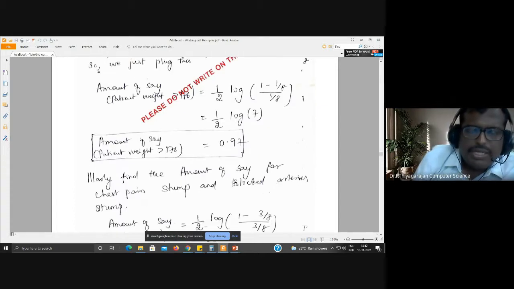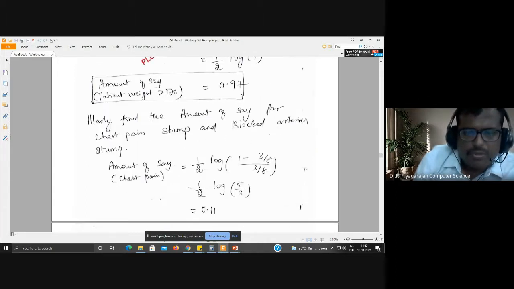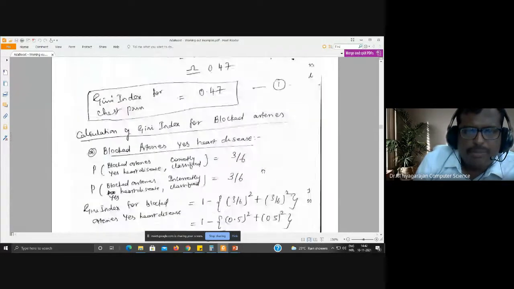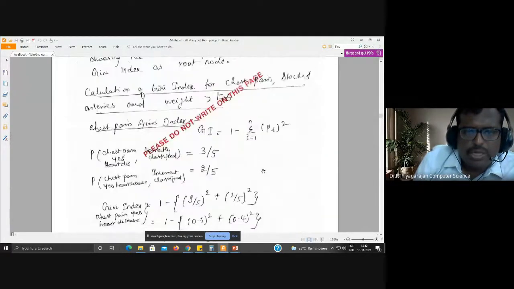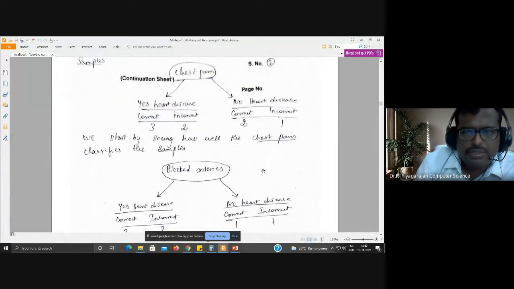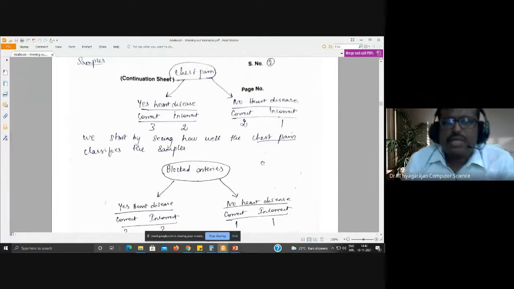Similarly, you have to calculate the amount of say for blocked arteries and for chest pain. What is the total error for the chest pain?